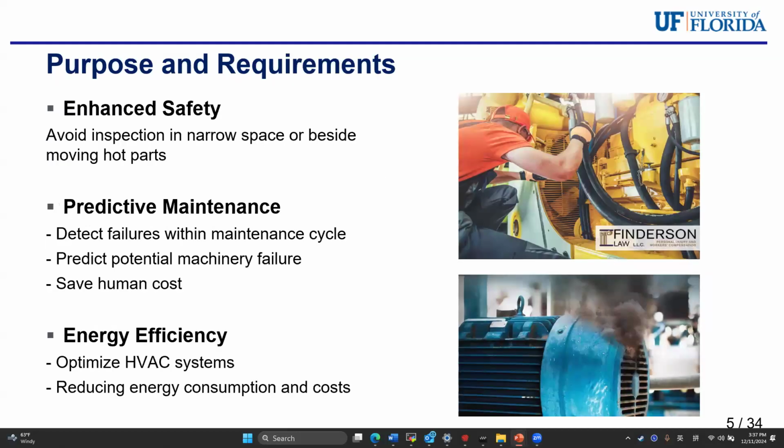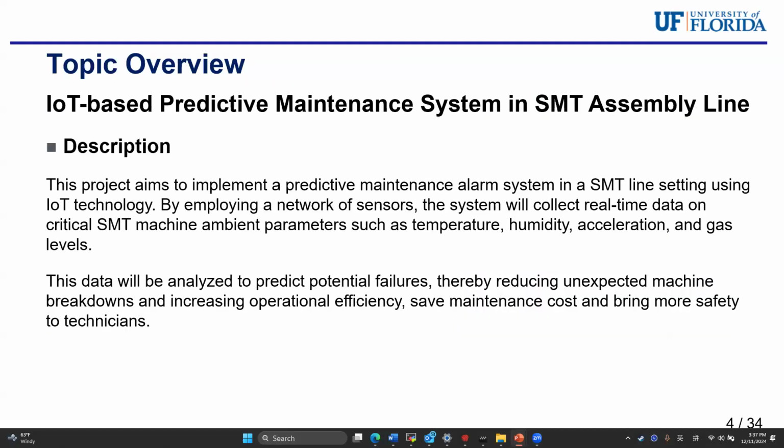This data will be collected and analyzed on AWS. We adapted machine learning, and if an abnormal situation happens, it will send a notification or alert to the users. Next.